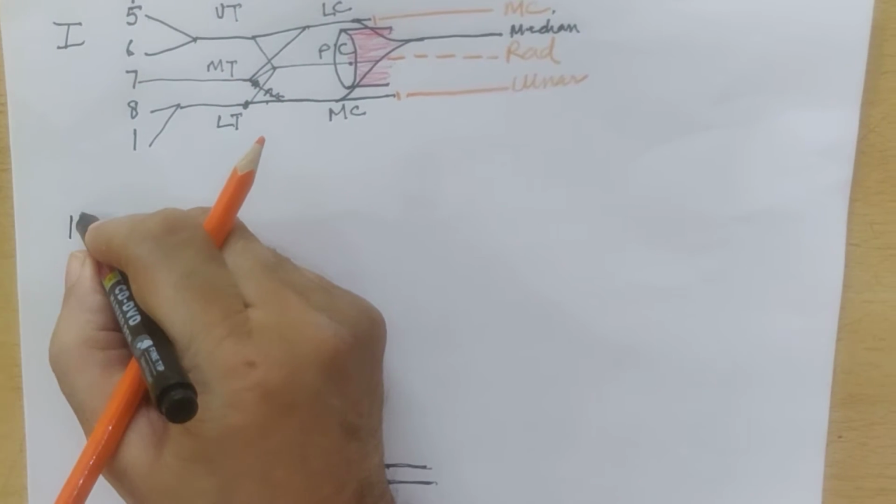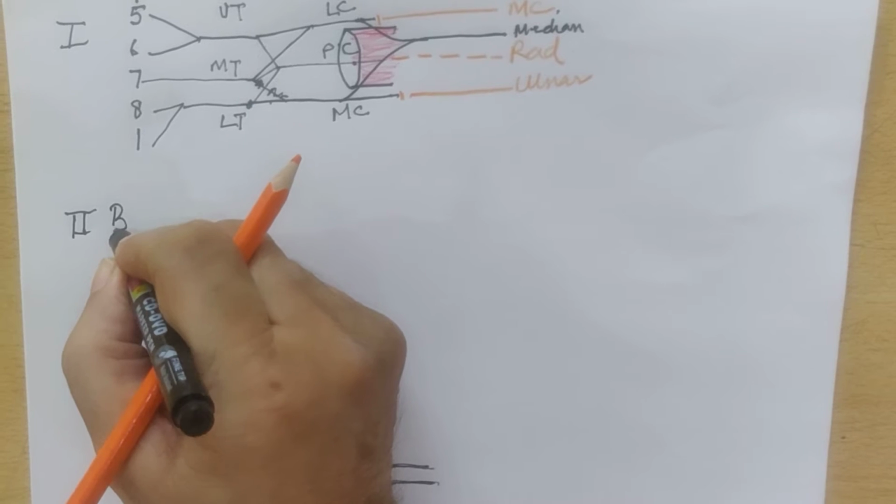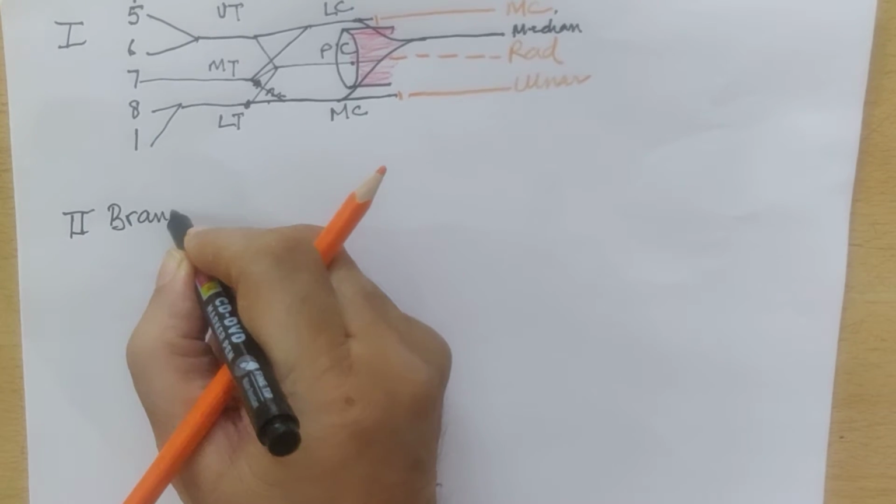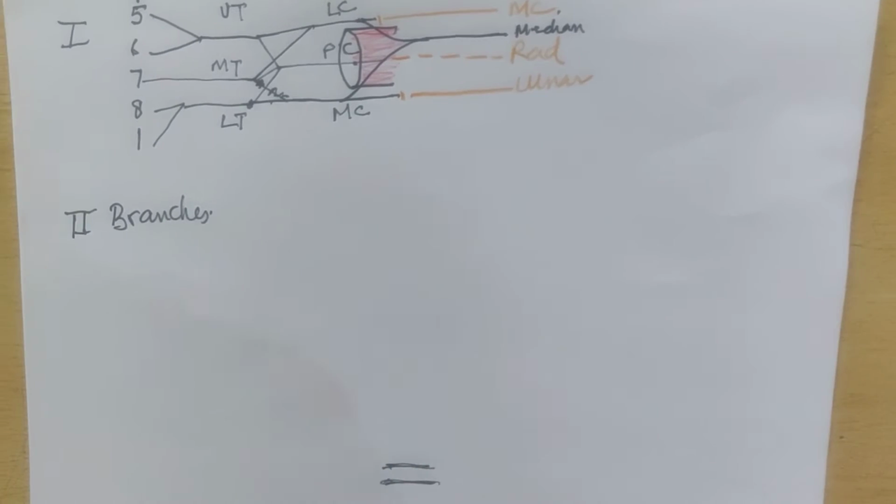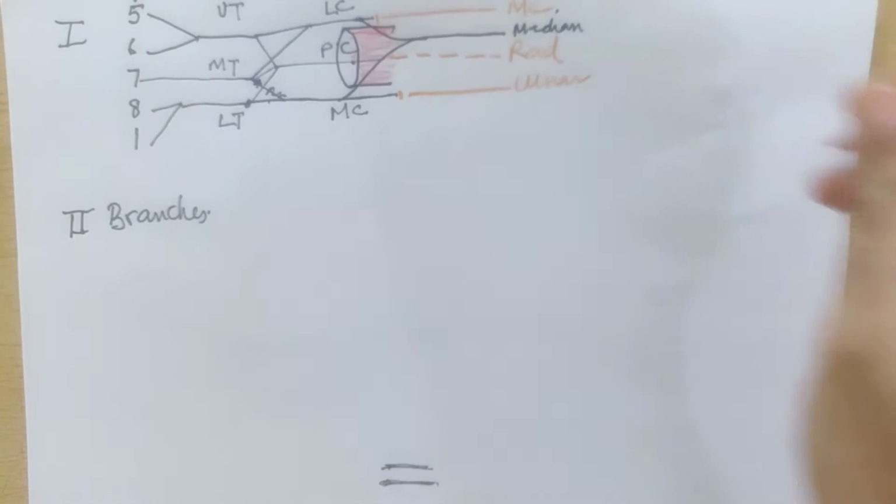The second part is branches from the brachial plexus. The branches, we'll make them with a different color and name them differently.